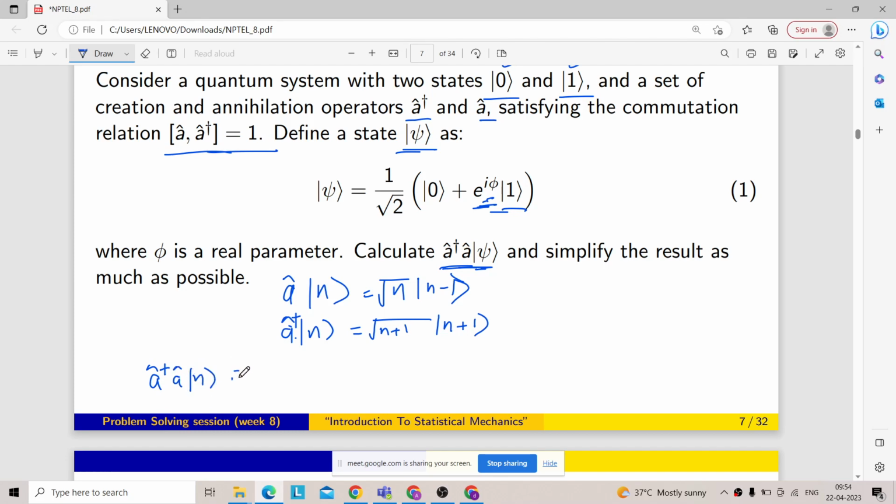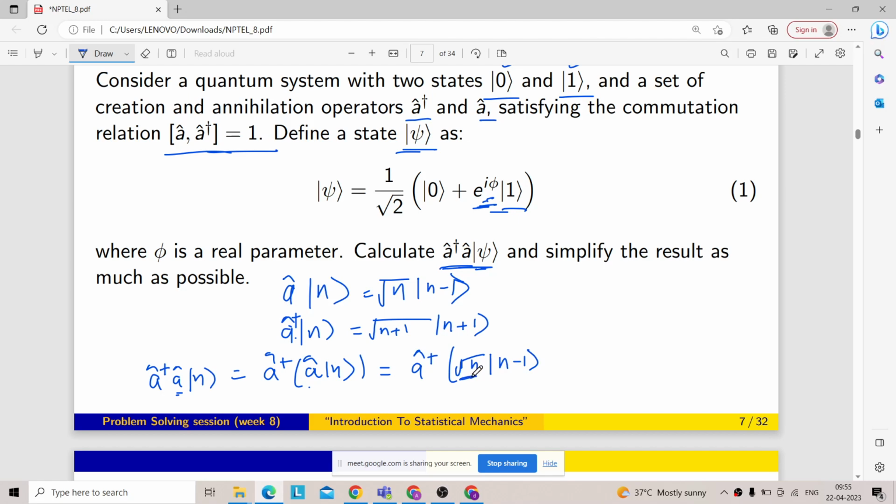So the operator a is adjacent to n, so it will act on n first, right? So this is an annihilation operator. What it will do is annihilate a particle, its eigenvalue will be root over n, and its state will be n minus 1, right?